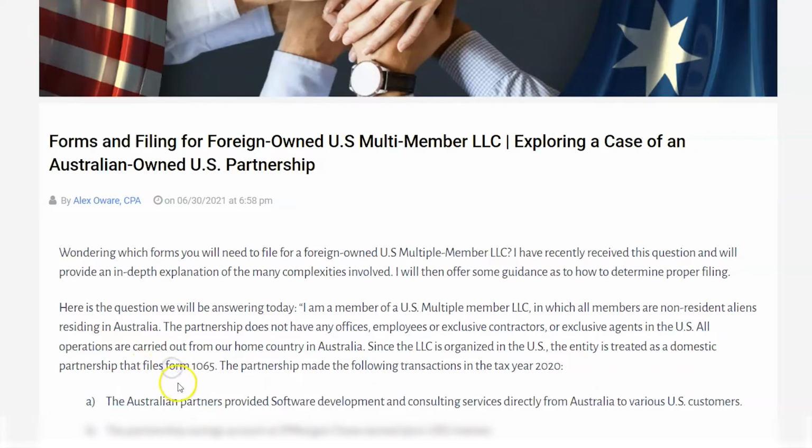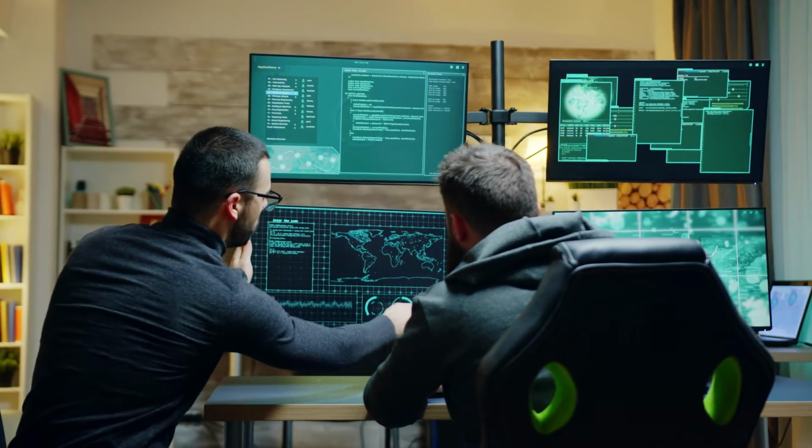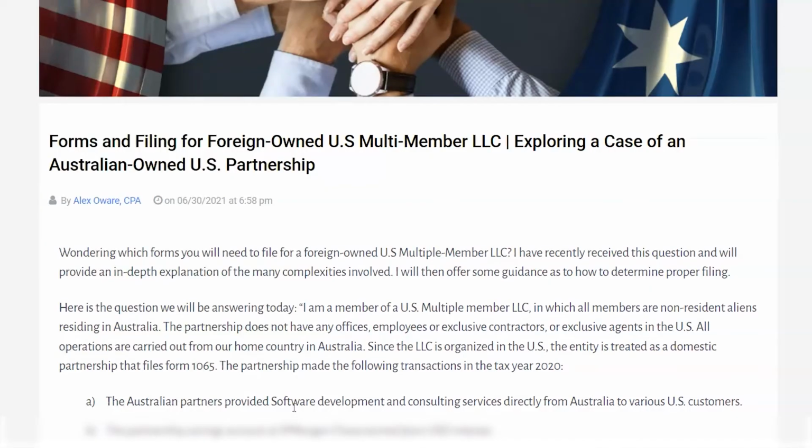So it says that the Australian partners provided software development and consulting services directly from Australia to various US customers. In this case, all the operations are being done in Australia and they provide software services and consulting services, but their customers are located in the US. So that's a really good fact. That's something good to know with this LLC.